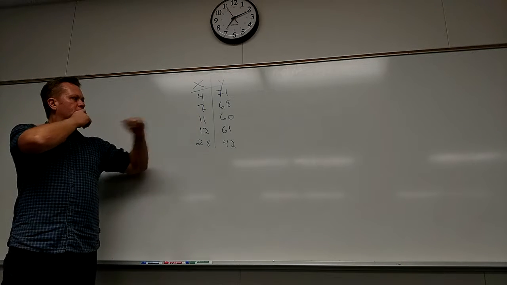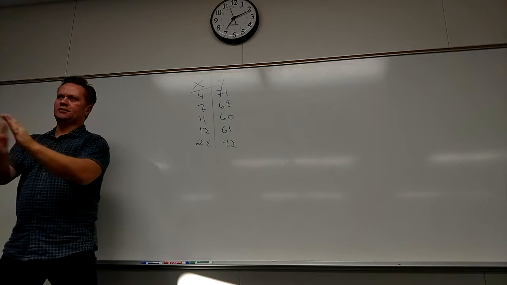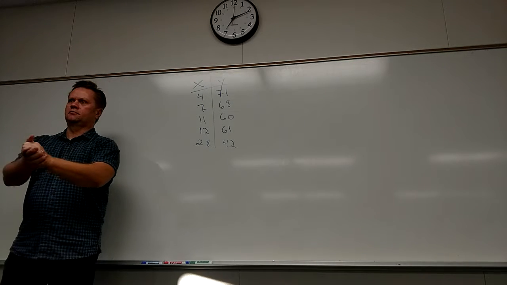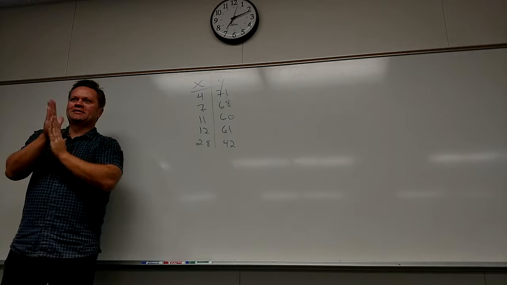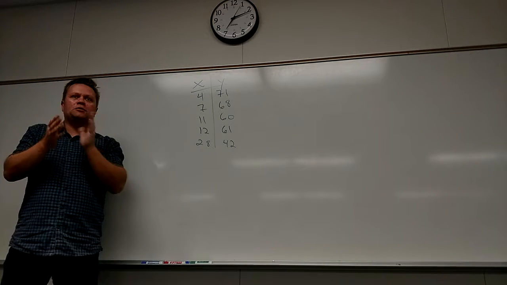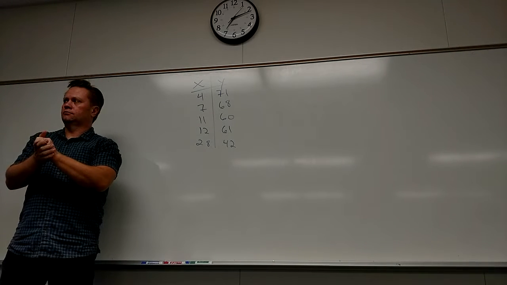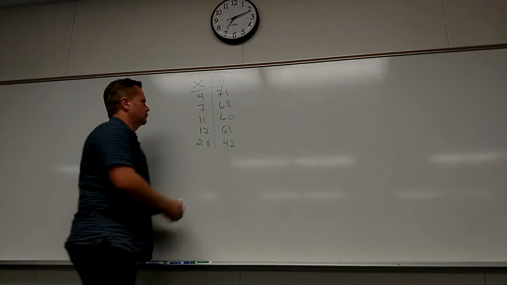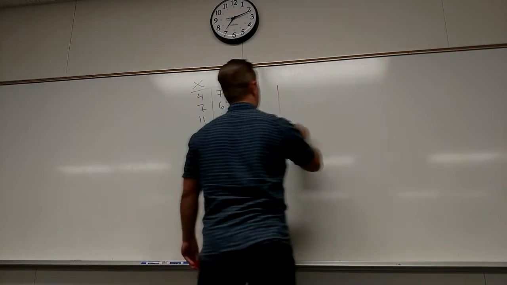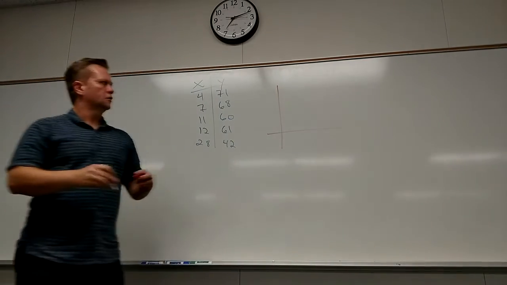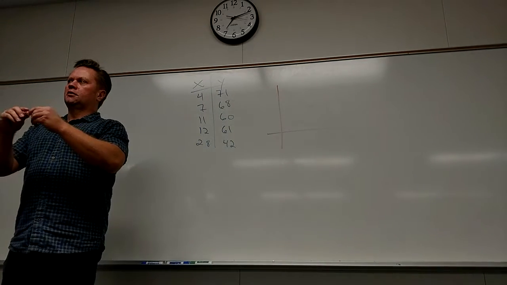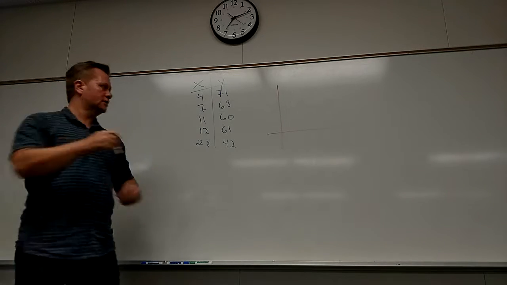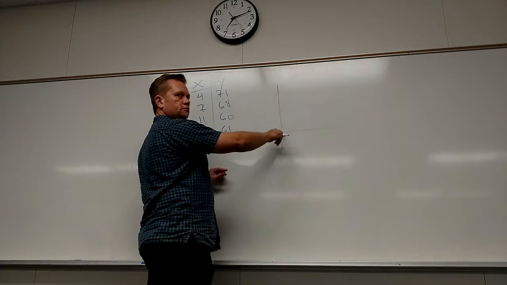Let's see if you guys can handle this. Make a scatter plot by hand. That's going to entail picking a good scale. I'll help you out a little bit. This doesn't have to be 0 here.